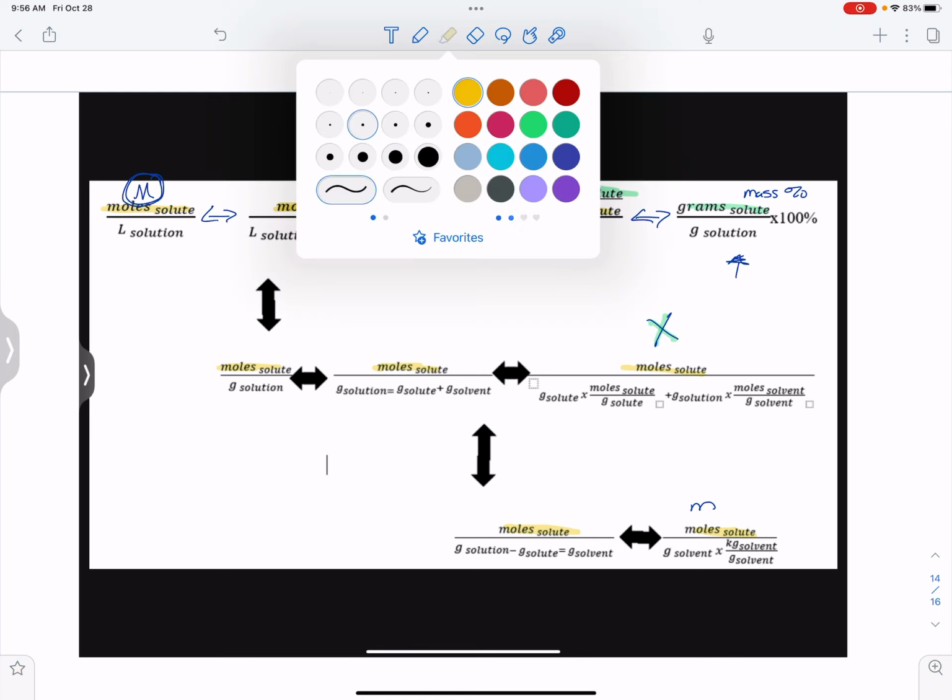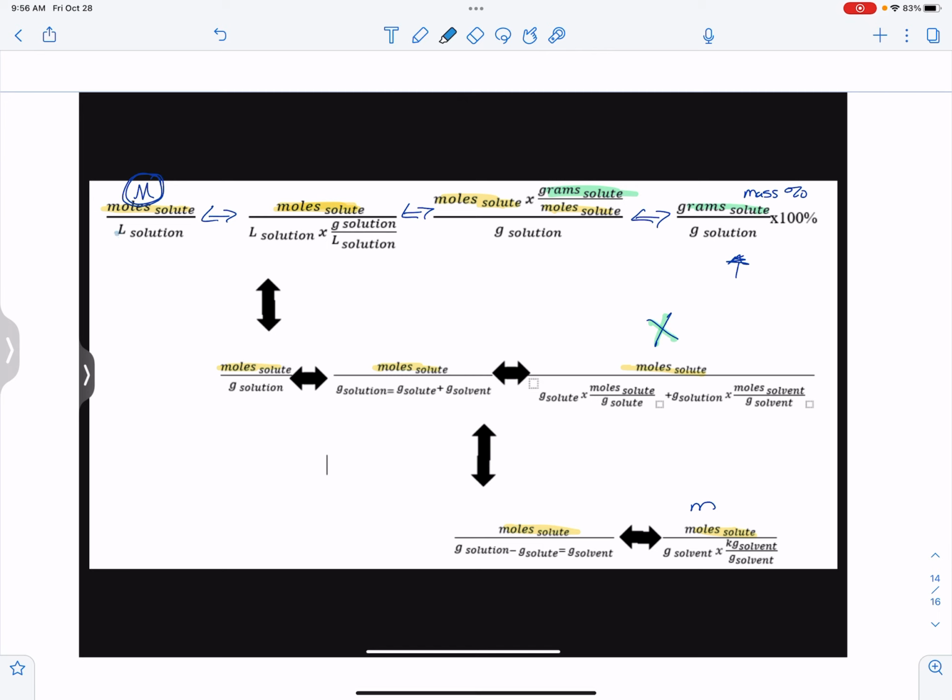And then I wanted to point out what's going on here. This is the only one that's a liter of solution, so I'm going to color code this as solution. This is a solution unit. Notice that this is still a solution unit when we're going over to mass percent. There's solution and solution, so when you're dealing with molarity to mass percent, you don't have to change what you're talking about.